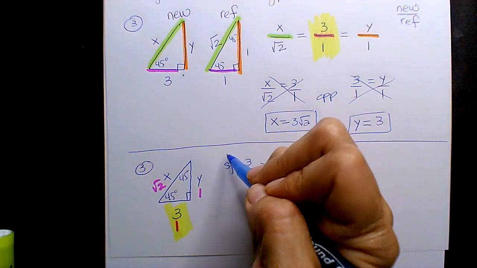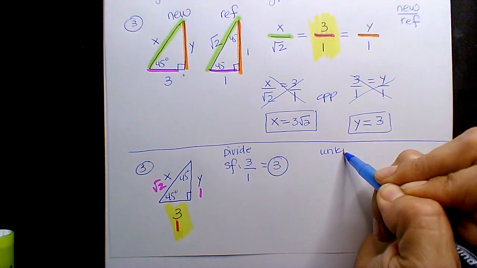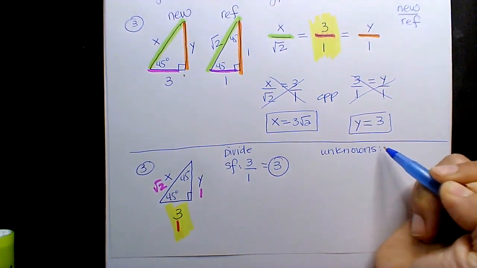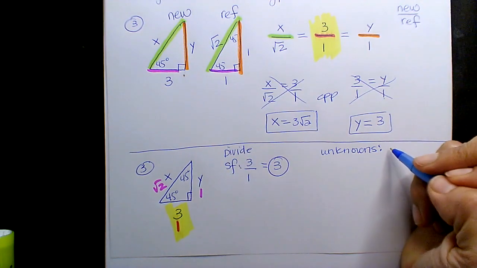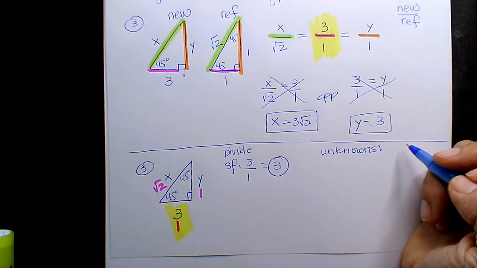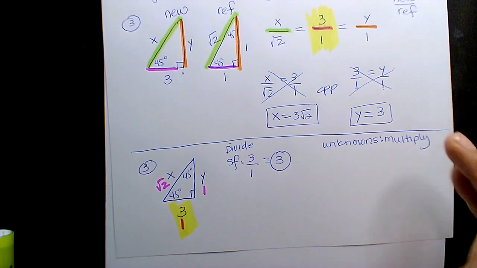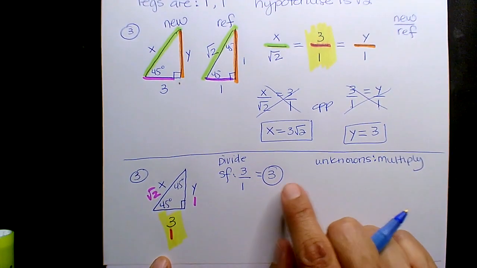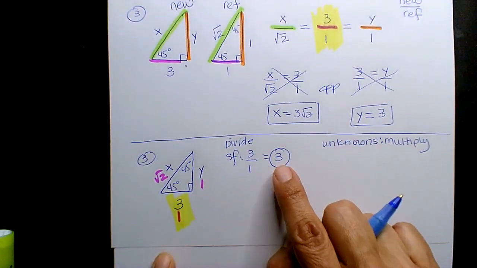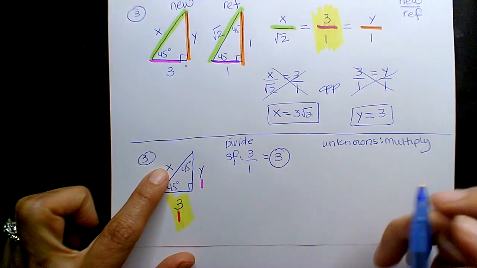To find the scale factor, you divide. To find your unknowns, what's the inverse operation to dividing? Yes, you guys are whispering it, but what is it loud? Multiplication. Very good. You multiply as an inverse to dividing. Okay, so to find your unknowns, you multiply. So if my scale factor is 3, what is x?